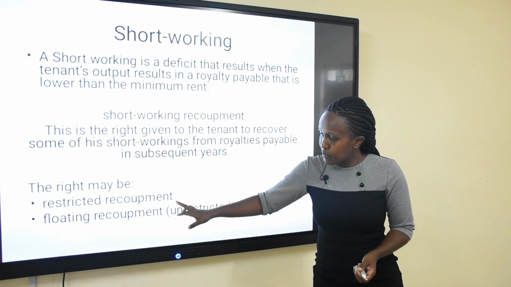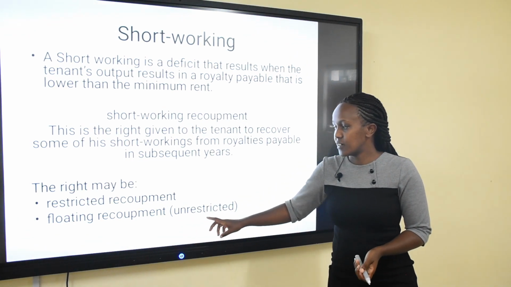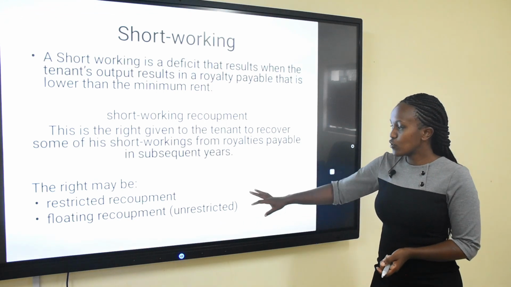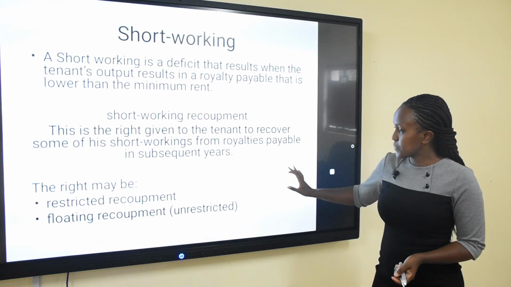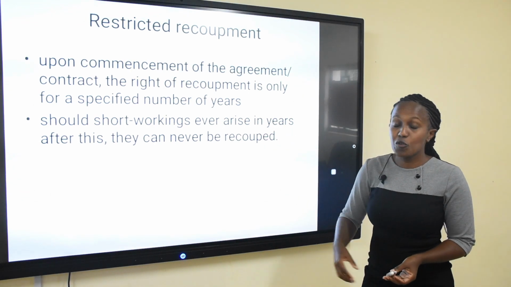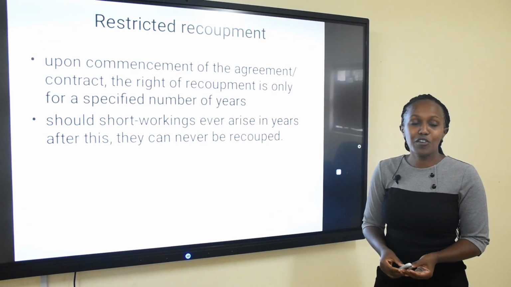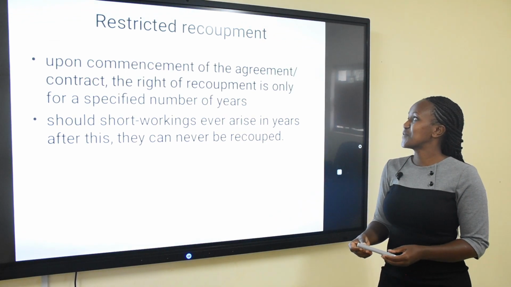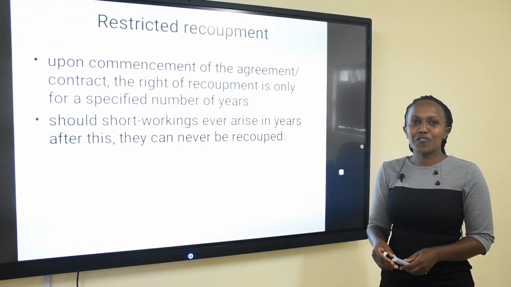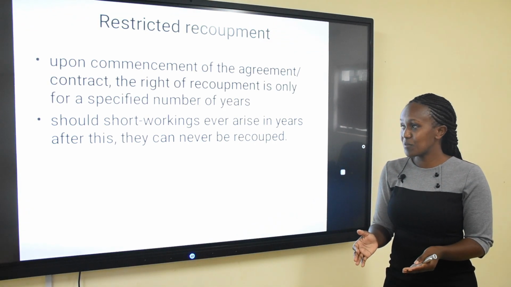That right can either be restricted recoupment or it can be floating recoupment. So we are going to look at these two types of rights. Starting with the restricted recoupment, it is where upon commencement of the agreement, the right of recoupment is fixed for a certain period of time, maybe a number of years.